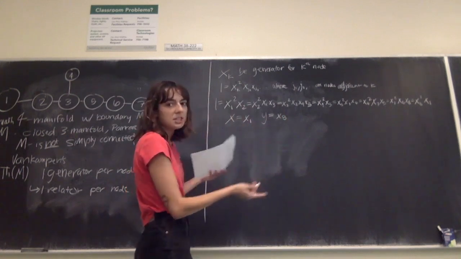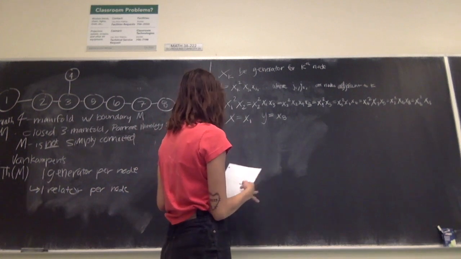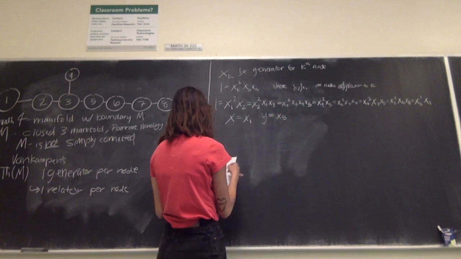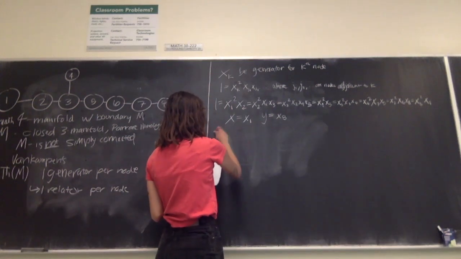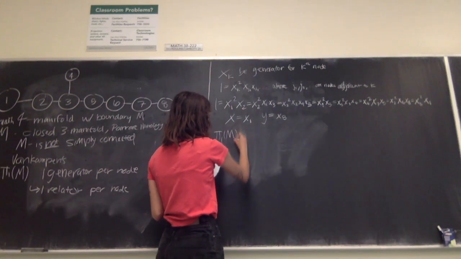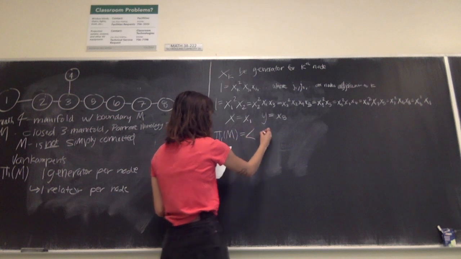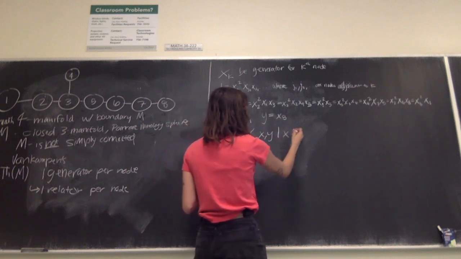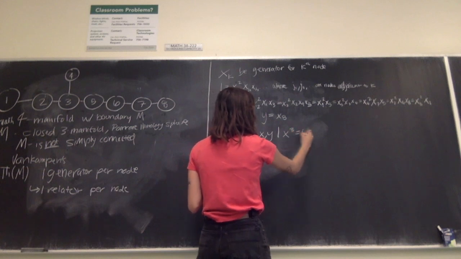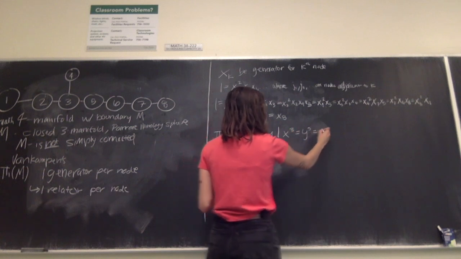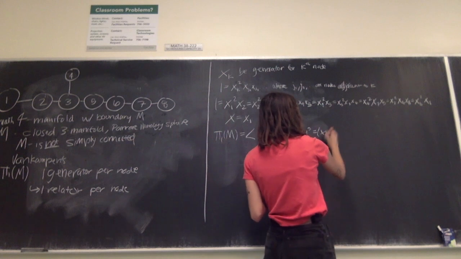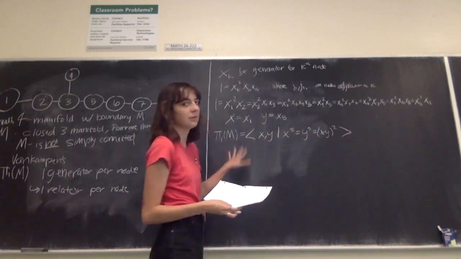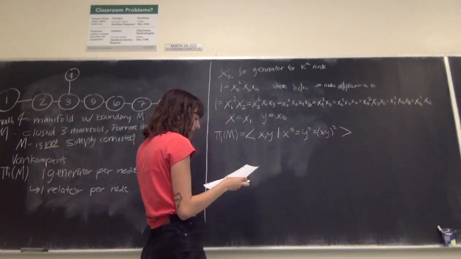Skipping over a bunch of the algebra, we figure out that the group that satisfies these can be written as the group generated by x and y such that x cubed equals y to the 5th, which equals x times y squared. So that's one representation of our fundamental group.